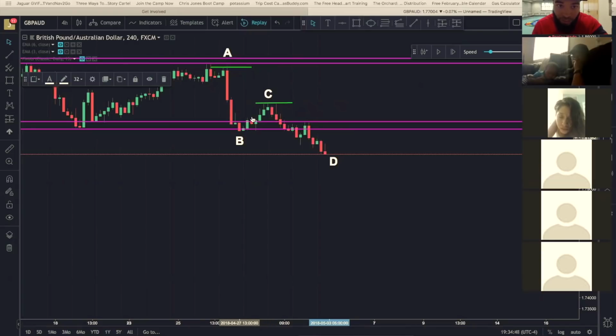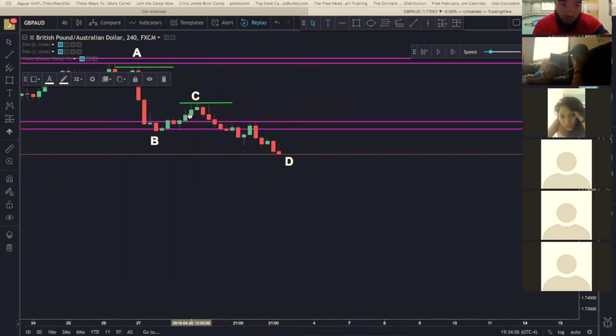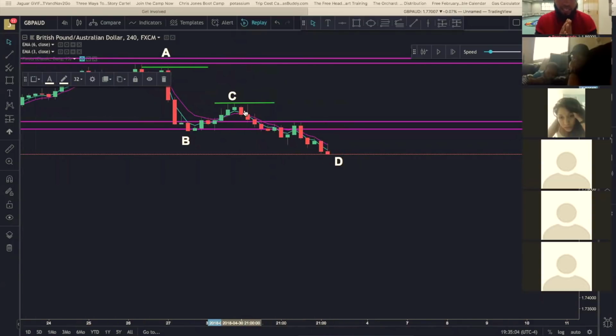We finally got B. Now, how do you know when you got C? Well, when you see price stalling out, not going up anymore, the green candles are getting littler. Look at this. You got the indicators I gave you. Don't everybody got the indicators I gave you? Look, it crossed. That's a sign that this little pullback is over.